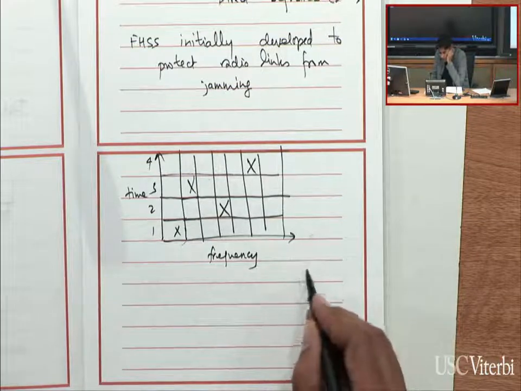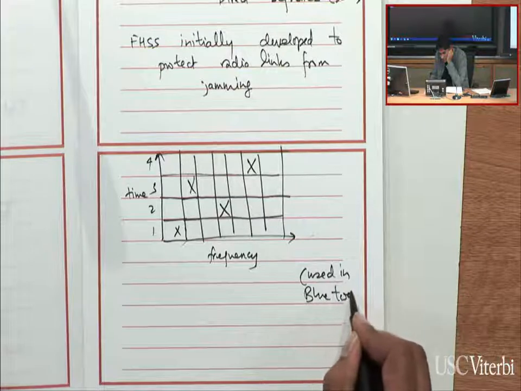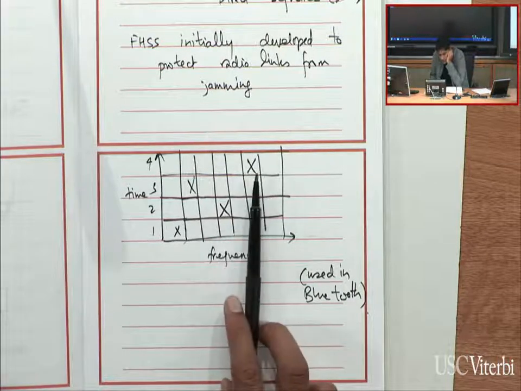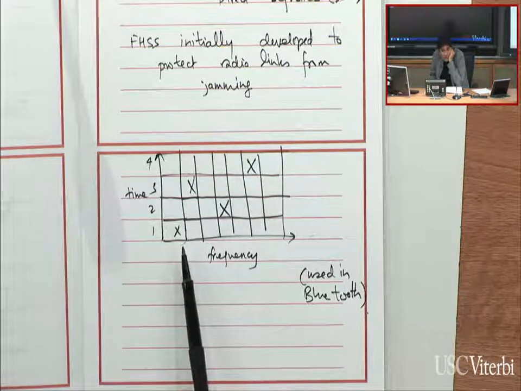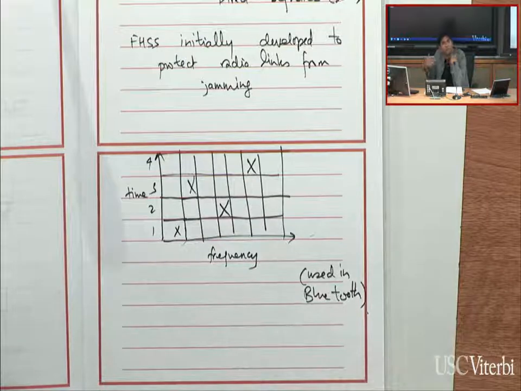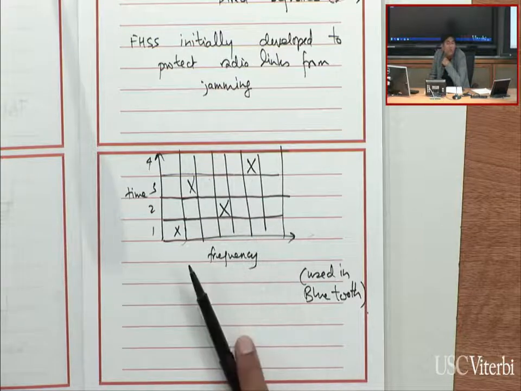This scheme, which is actually used in Bluetooth, for example, gives you some robustness to jamming because either whoever is trying to jam your communication needs to occupy all of the channels, which imposes bandwidth costs on that adversary, or they can only jam one channel at a time, but they don't know which channel you're on.